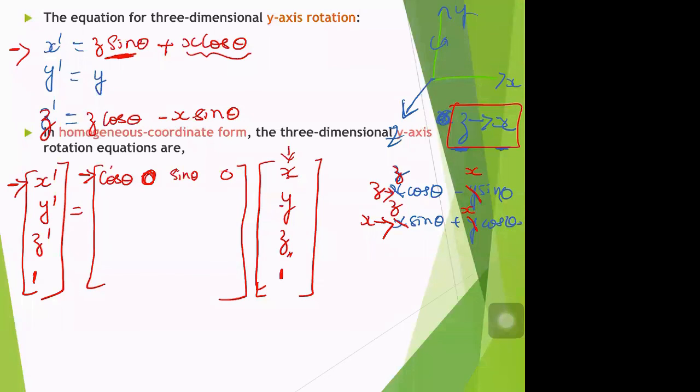So you got x dash: x cos theta plus 0 plus z sin theta.